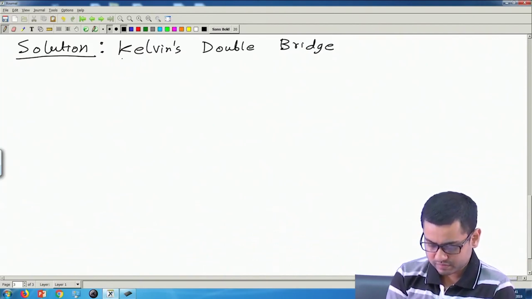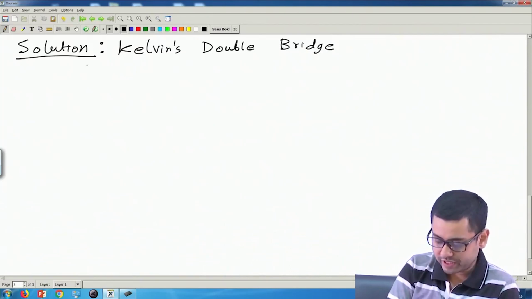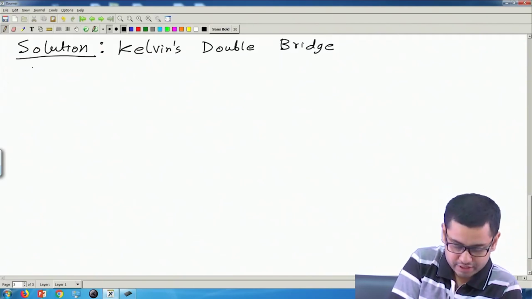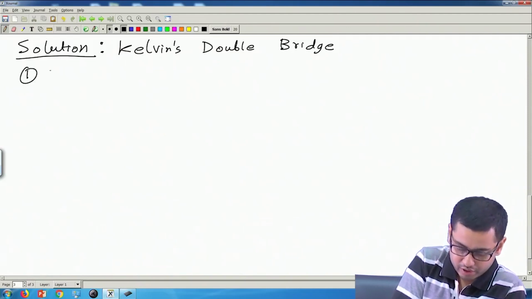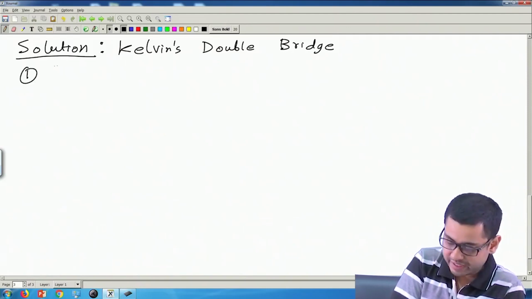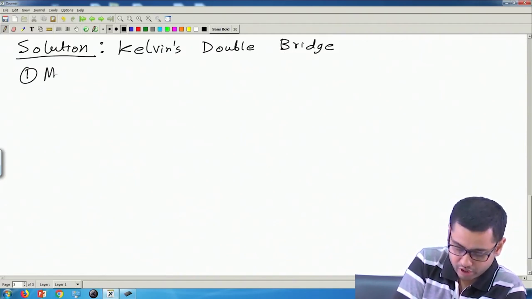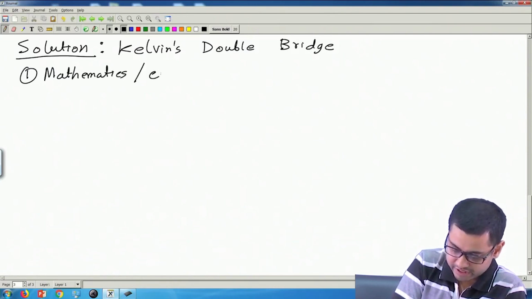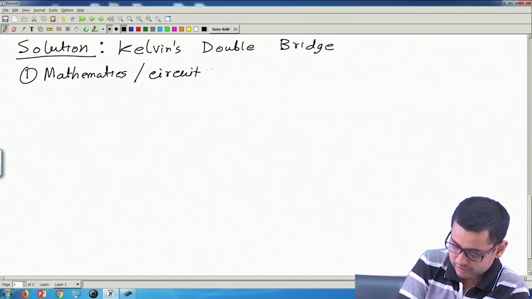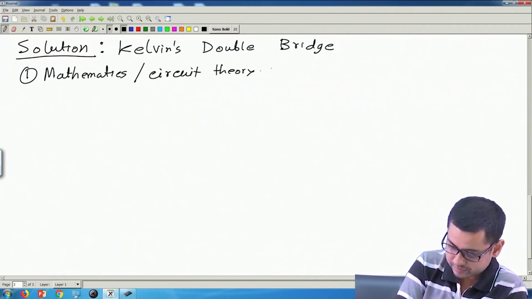So while talking about Kelvin's double bridge, we will divide the talk in two parts. We will first talk about the mathematics or circuit theory, whatever you call, of this bridge.